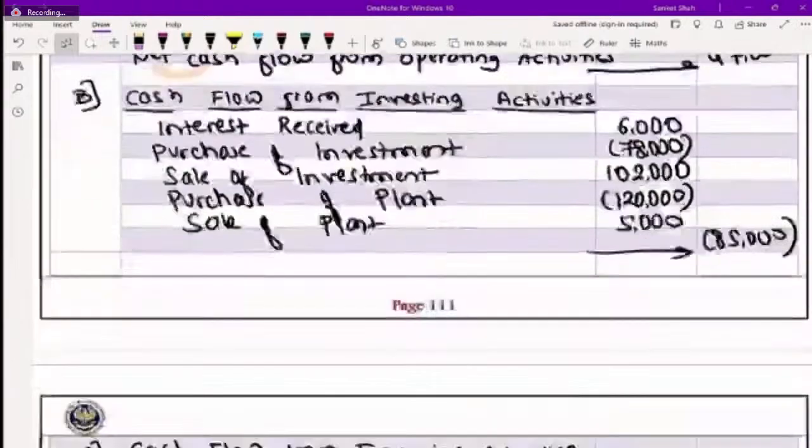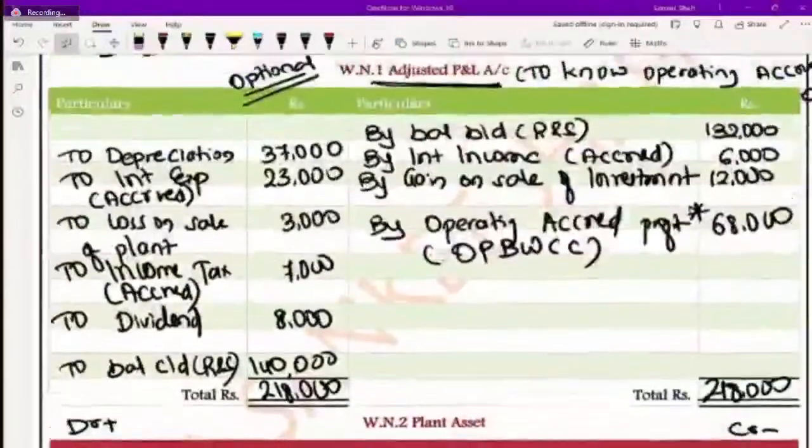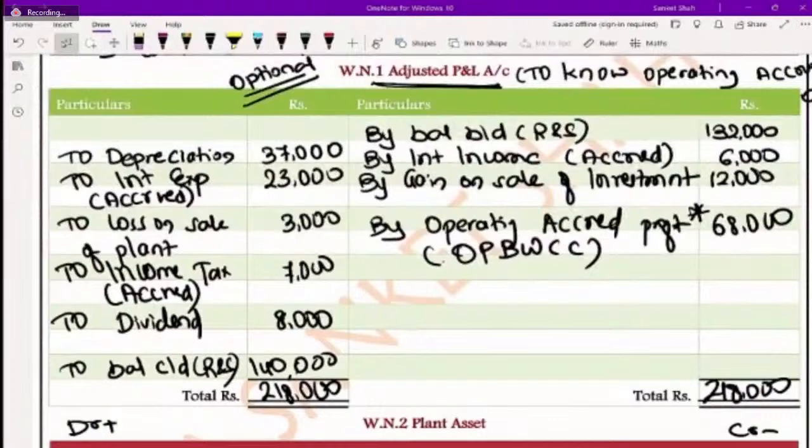Now this is CDEF. Take a screenshot. Easy technique. Today, give me a promise: we will solve it minimum 3 times. Adjusted P&L, you can take a screenshot.